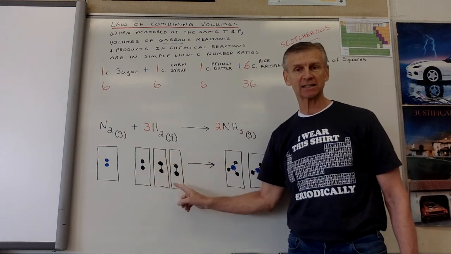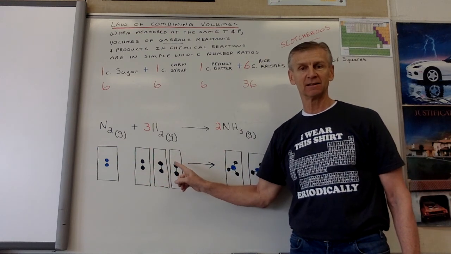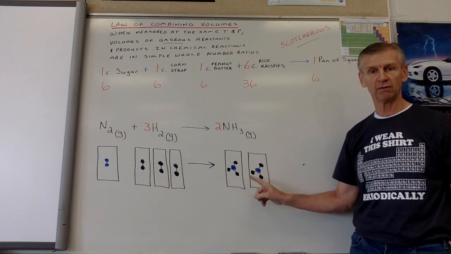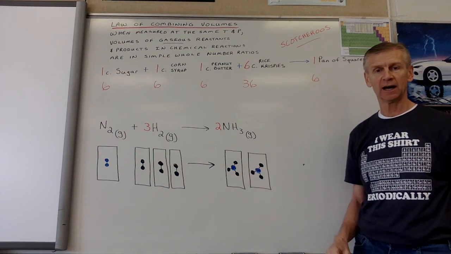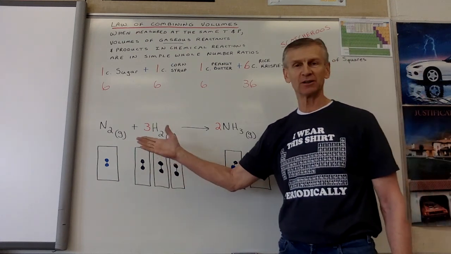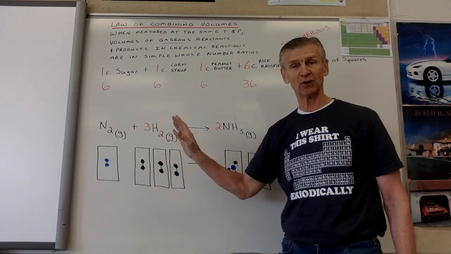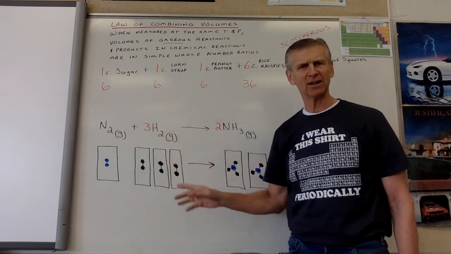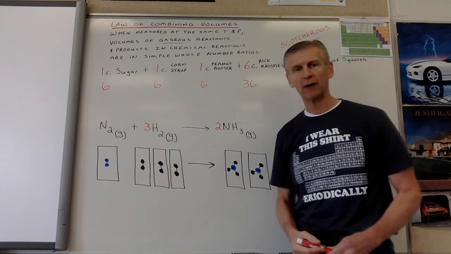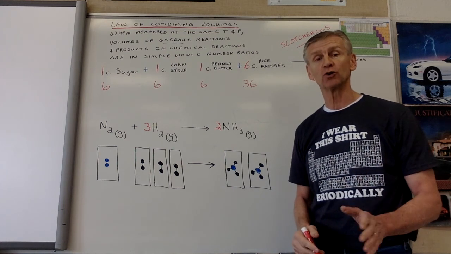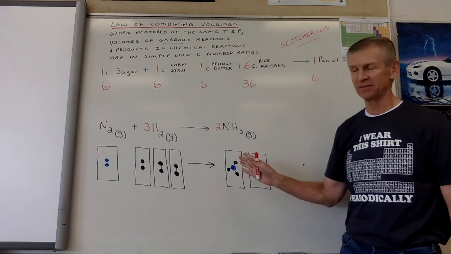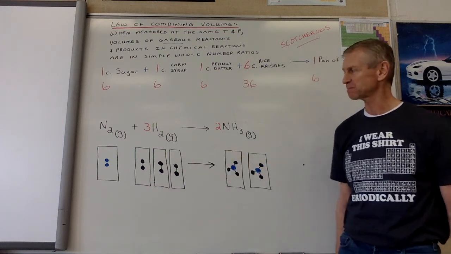We had 6 hydrogen atoms that went in, and 1, 2, 3, 4, 5, 6 hydrogen atoms that came out. Hopefully that helps you understand how this works, even though when you first look at it, you think, how is that possible? I will put a link on Google Classroom that will explain this if that's really confusing you.